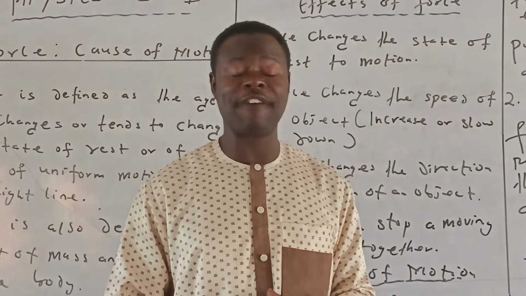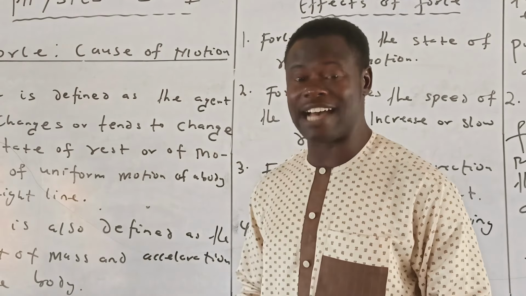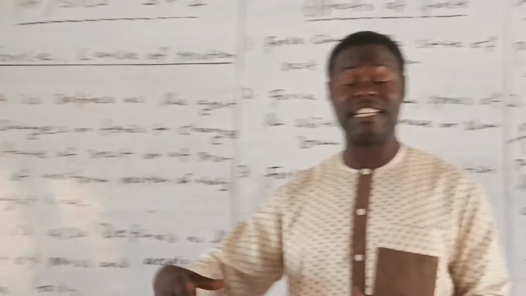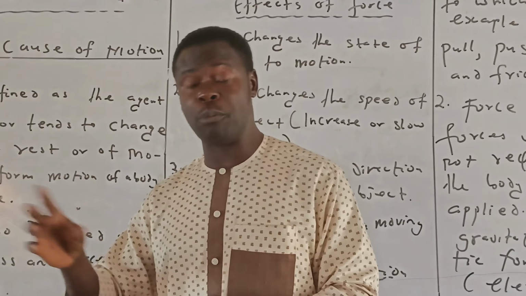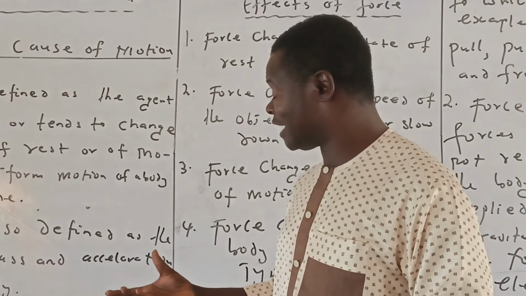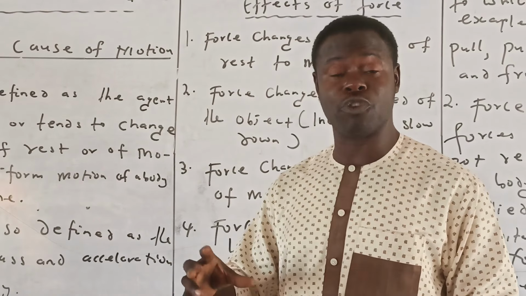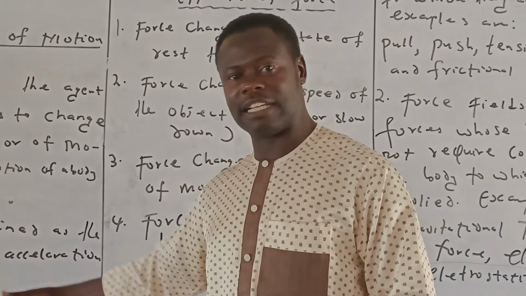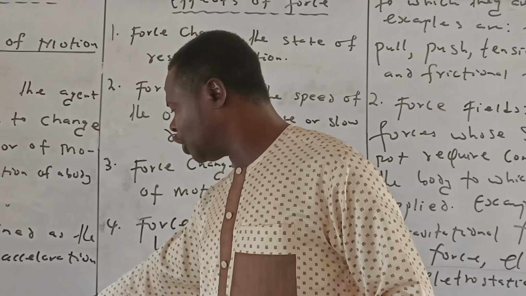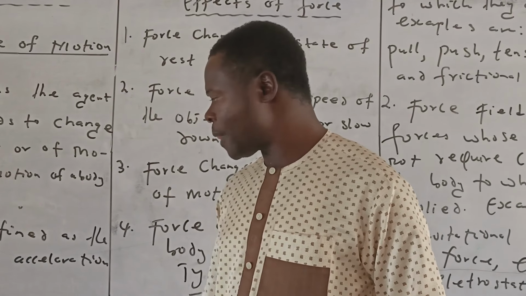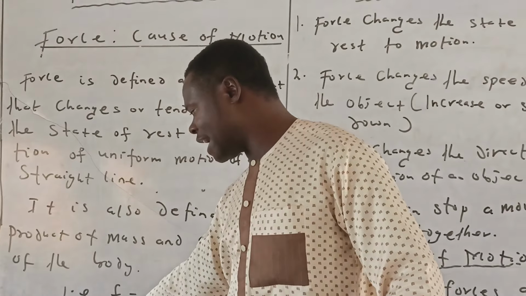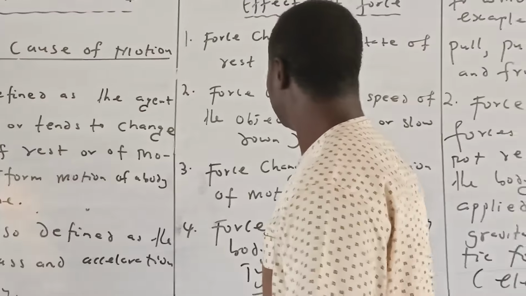So class, we have just defined force as an agent that changes or tends to change the state of rest or uniform motion of an object in a straight line. We also say force can be defined as the product of mass and acceleration. The SI unit of force is Newton. We can also use kilogram meter per second squared.